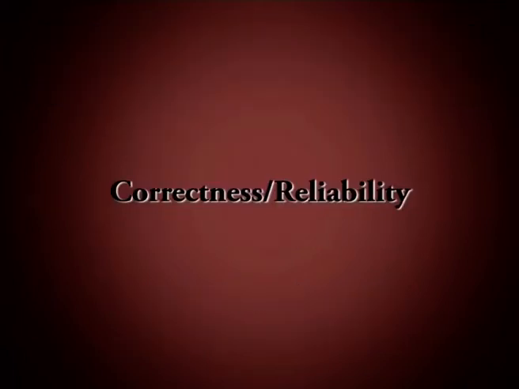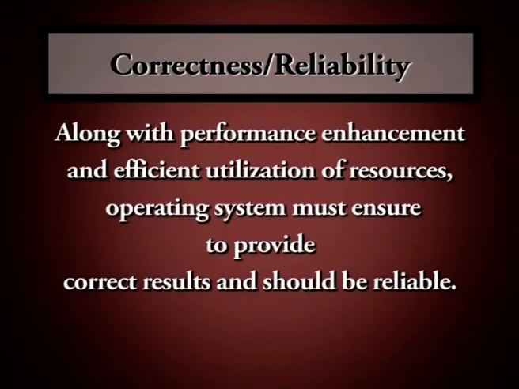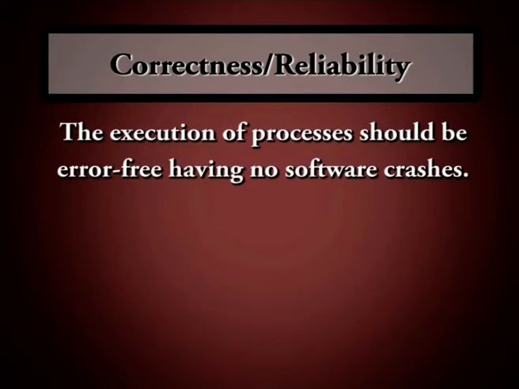Third is correctness or reliability. Along with performance enhancement and efficient utilization of resources, operating system must ensure to provide correct results and should be reliable. The execution of processes should be error free, having no software crashes.